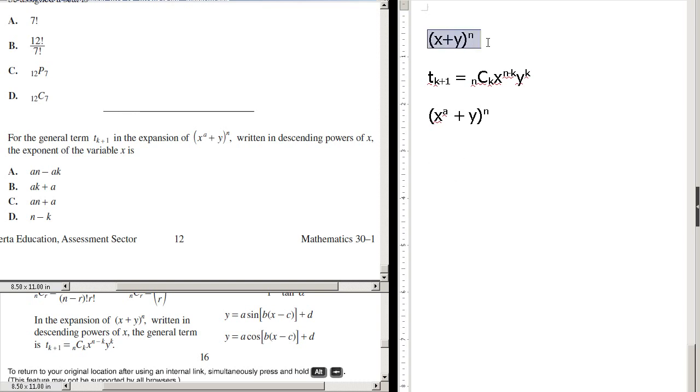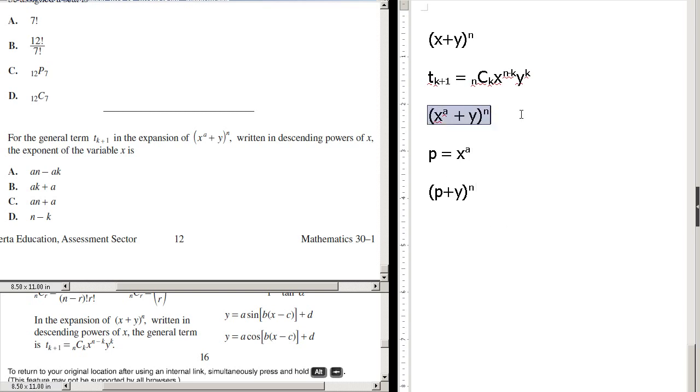So I'm going to take my original equation up here. Instead of x to the a, I'm just going to put p. Here, I'll write that down. I'm going to say that p is equal to x to the a.